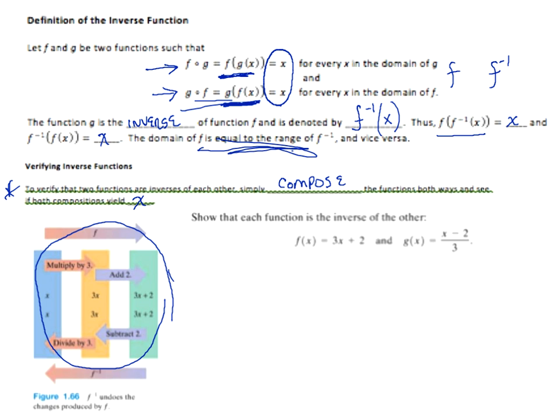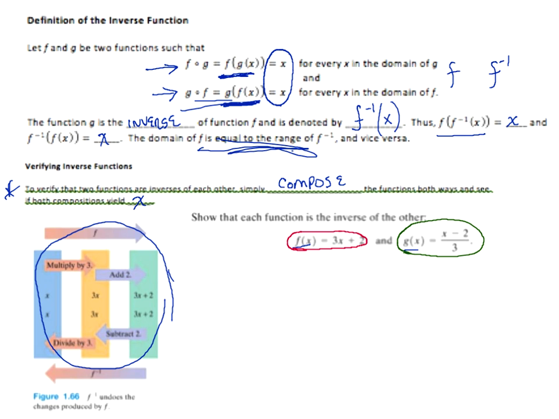I'm going to show you that the functions f of x and g of x are inverses of each other. So I'm about to compose them both ways. The first composition that I'll do, let me color code this so that it's easier to see. I'll make f of x red, and I will make the g of x function green.